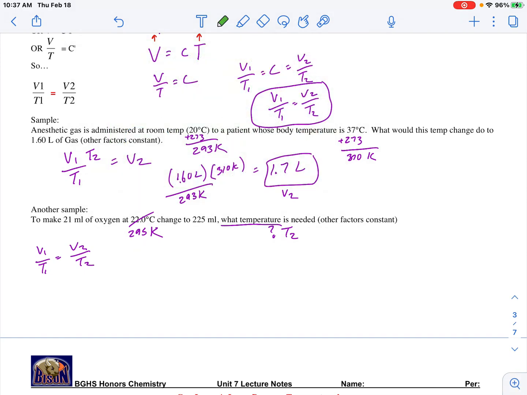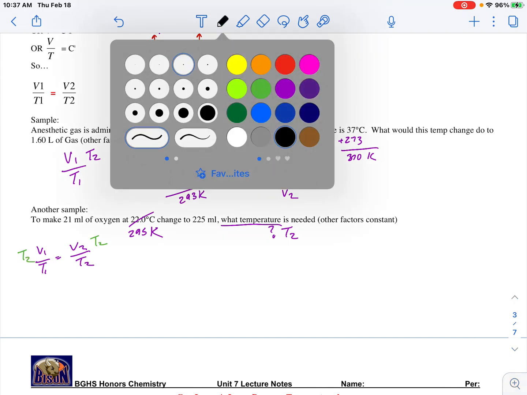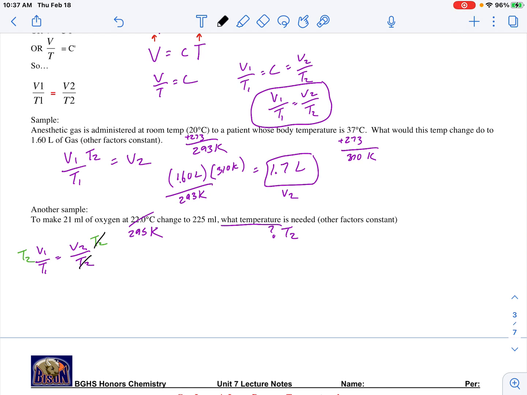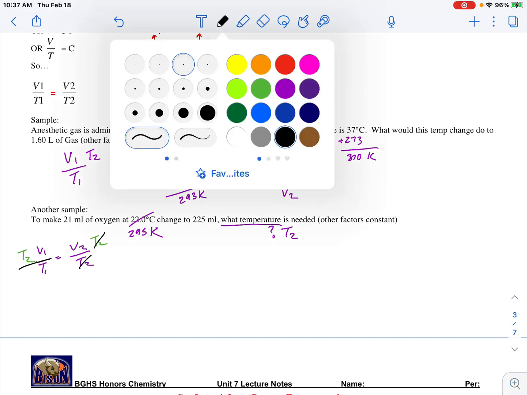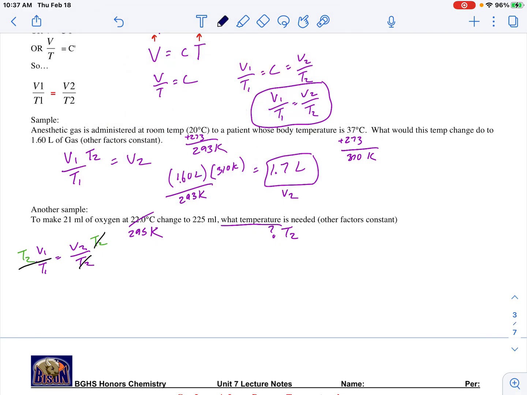So we got a little work to do here. Let's multiply both sides by T2. And what that's going to do, it's going to cancel the T2 on this side. And so now I have T2 in the numerator on the left side. So now I need to get it alone. So I'm going to multiply T1 to both sides, and that will get rid of it on the left side. So T1 goes up here.